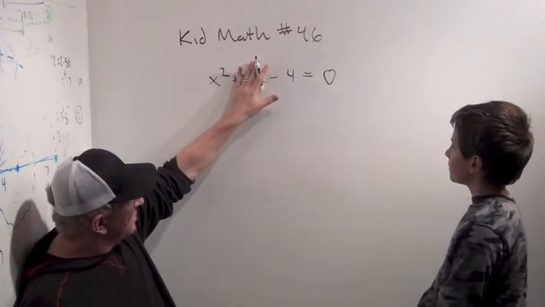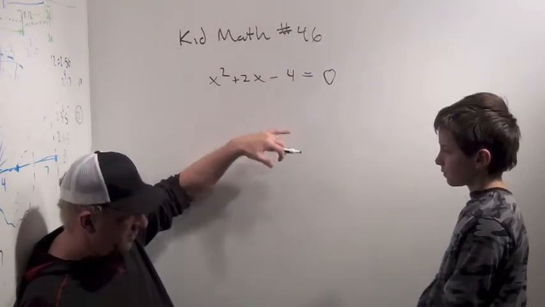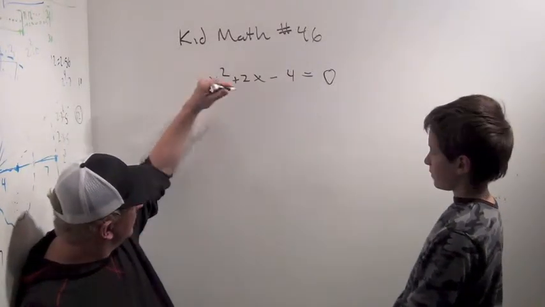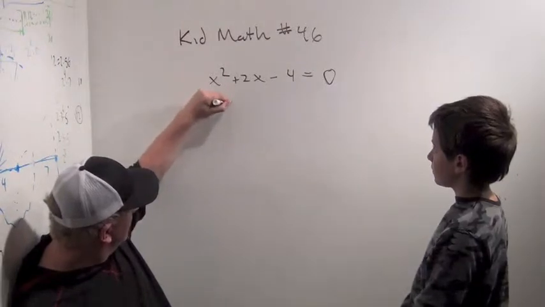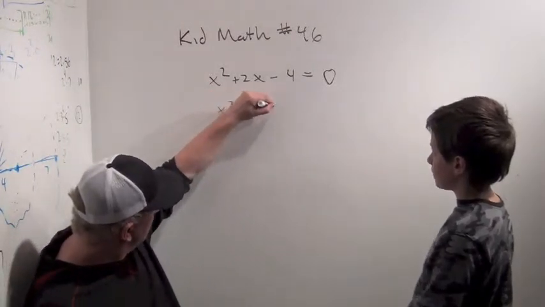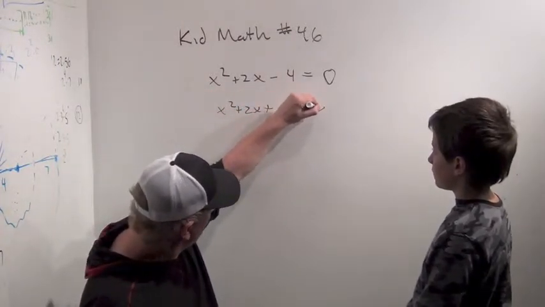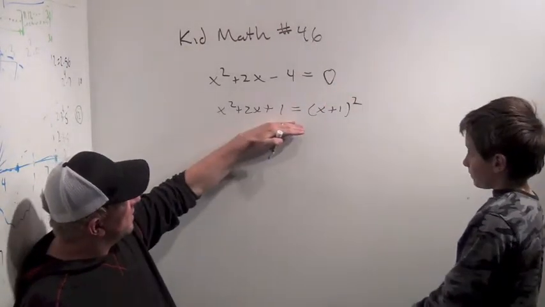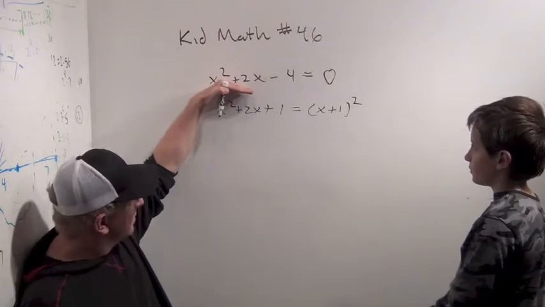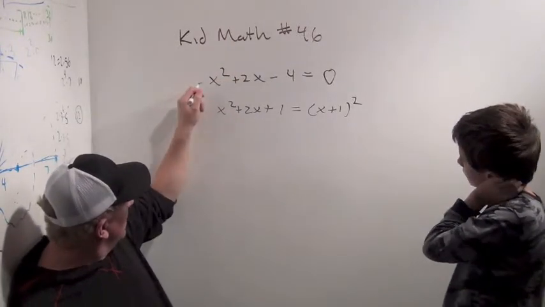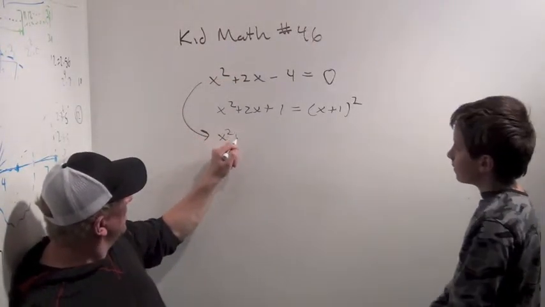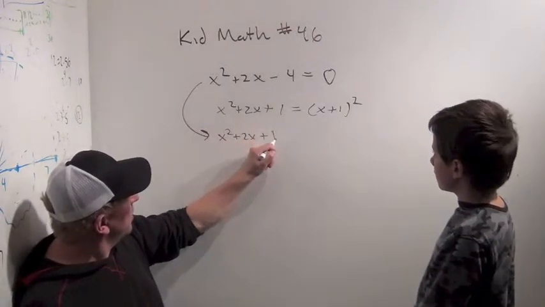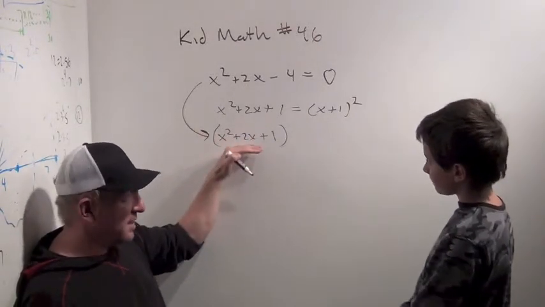And the observation they're showing in the very first set of problems is if we remember that x squared plus 2x plus 1 is x plus 1 squared, we can use that to help us solve this equation by writing this as x squared plus 2x plus 1, which is easy, right? Yes.